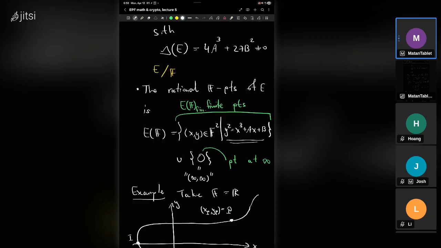In my opinion, the short Weierstrass form is much simpler, and it is only valid in characteristic different from 2 and 3. But again, for us, it doesn't matter because we're going to work over a field of very large prime characteristic.